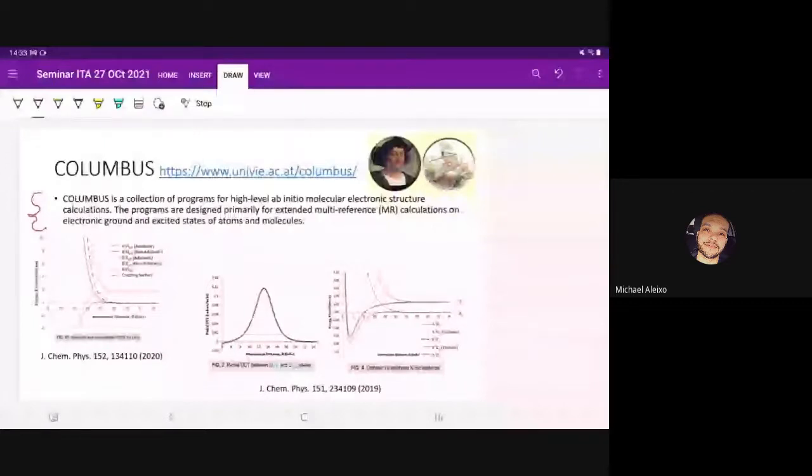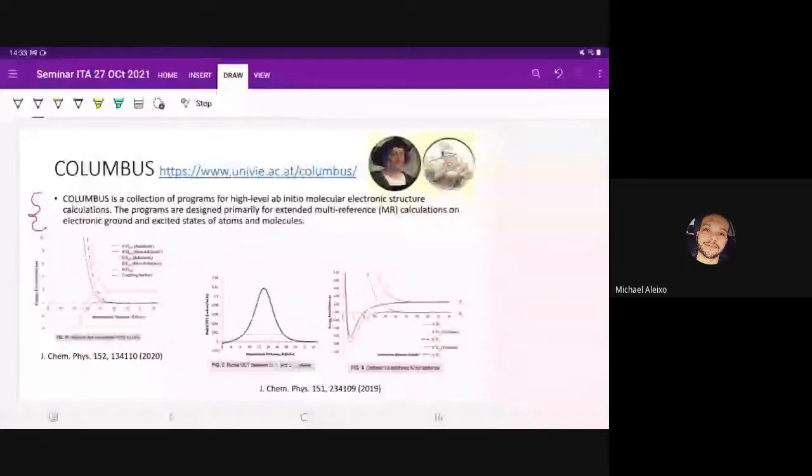And Columbus is free for anyone to use. You can go and talk to Felix Plasser, and he will get you into, I think it's in a Git repository, where you can download it. There's a copy of Columbus here. Professor He has a copy.